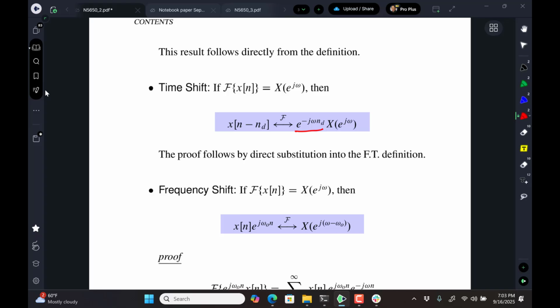So if you're thinking about how it would happen, you'd just be making a substitution in there directly. Actually, you'd be turning this around.